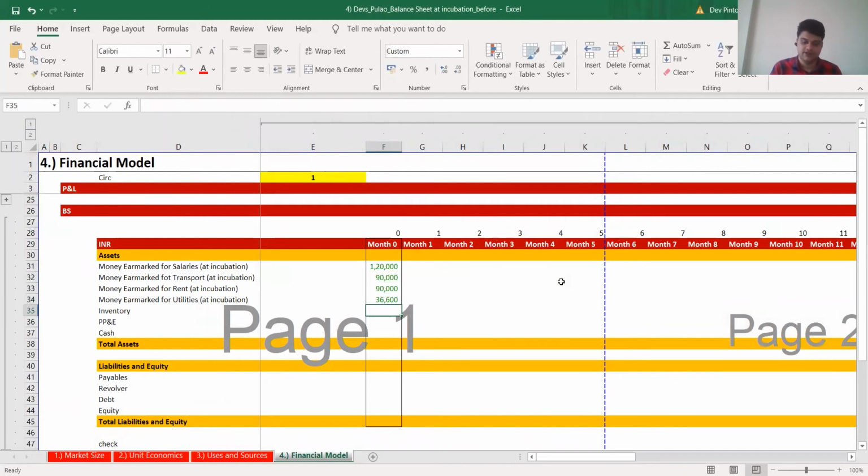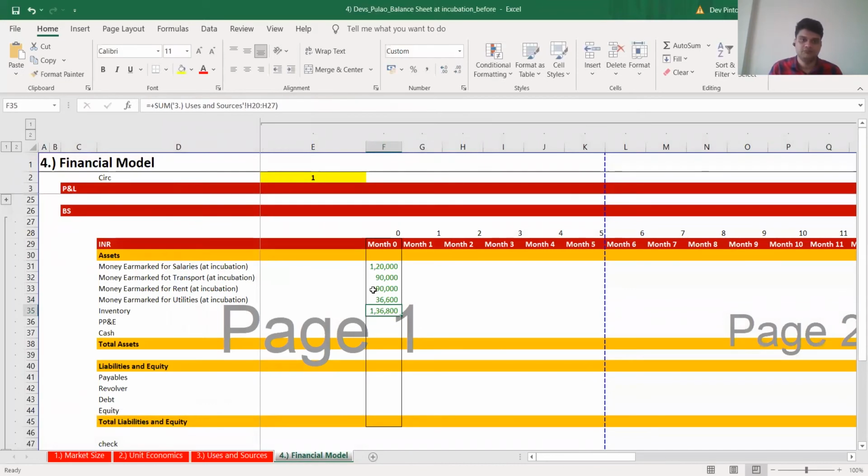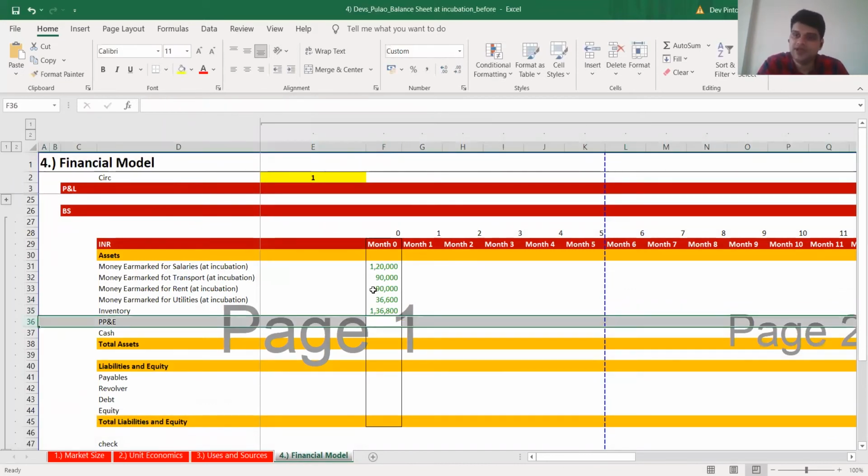Now, inventory. What is this, right? This is nothing but the raw materials that you've purchased upfront. 1 month worth of raw materials. That would be this. PP&E, this is plant, property, and equipment. This is the fixed capital that is going to be used over and over and over again, and that's going to provide us benefits for more than just one use, right?